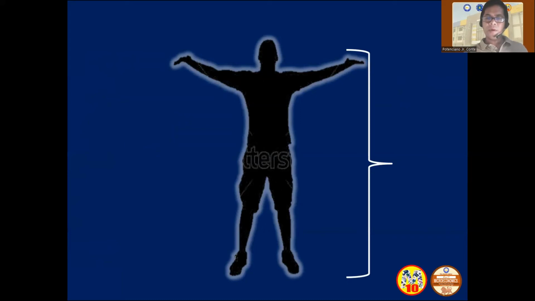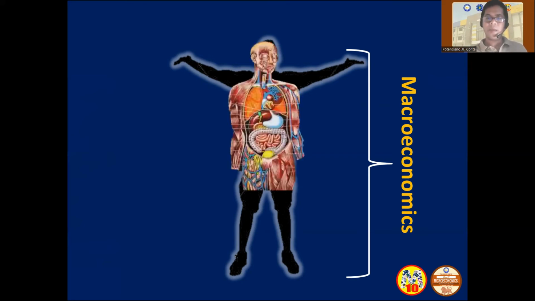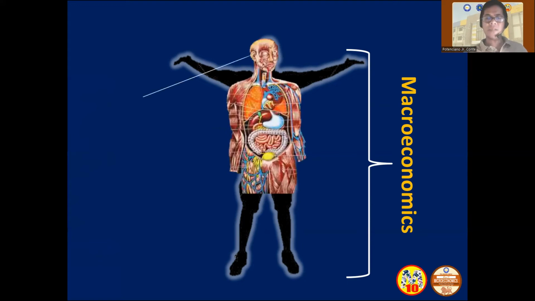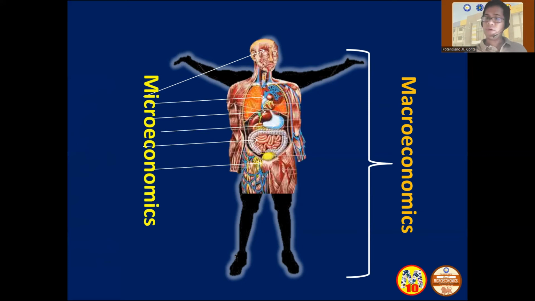So, trying to compare microeconomics and macro to the human body, macroeconomics can be likened to the entire body system. But the organs or cells can be likened to microeconomics. However, in anatomy, what is felt by an organ is felt by the entire body.